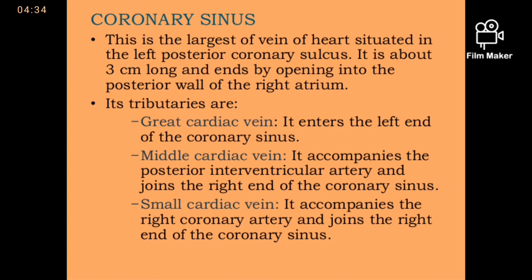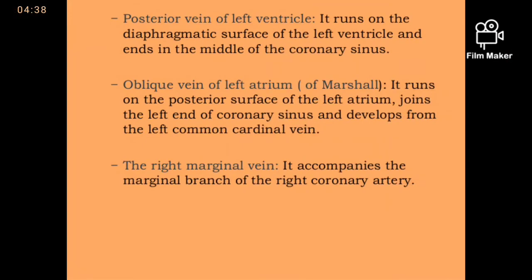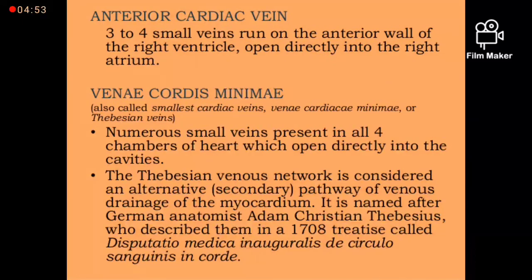Great cardiac vein enters the left and right coronary sinus. Middle cardiac vein, small cardiac vein, posterior vein of left ventricle, oblique vein of left atrium, the right marginal vein. So these are the major veins which ultimately drain into the coronary sinus, and the coronary sinus drains into the right atrium.